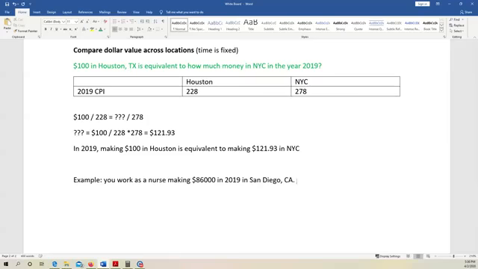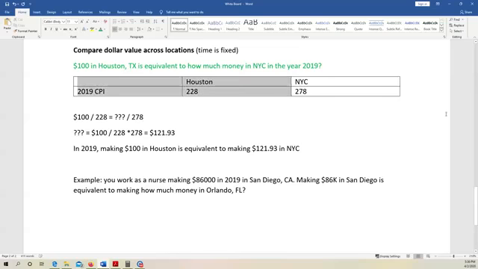So the question is, making 86K in San Diego is equivalent to making how much money in Orlando, Florida. Again, we can answer this question using the Consumer Price Index.